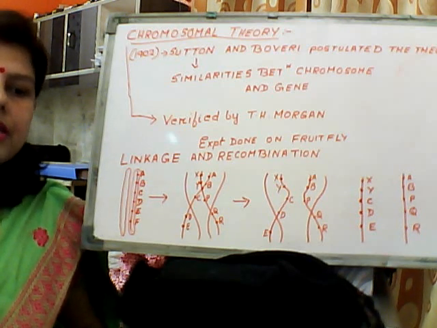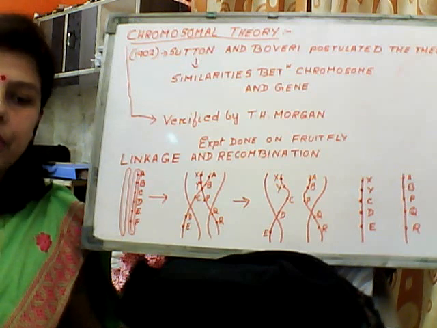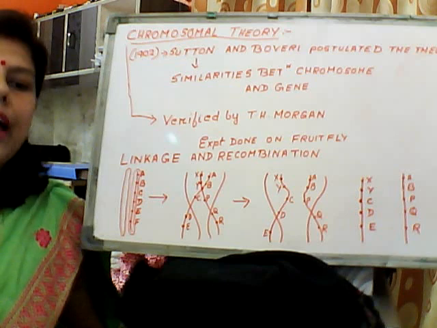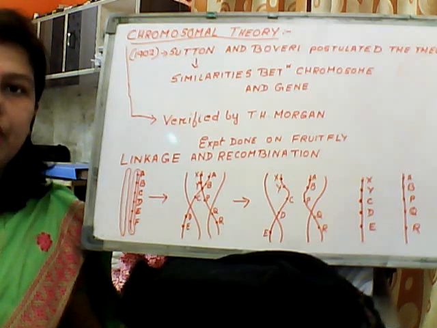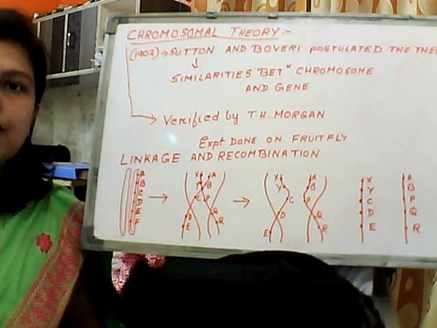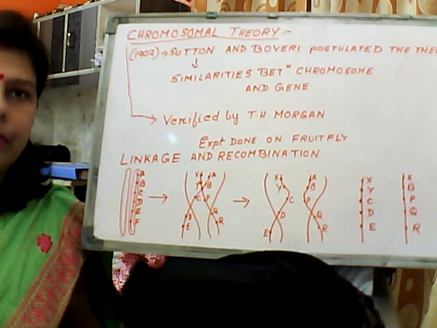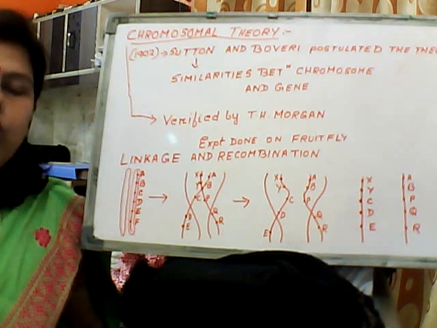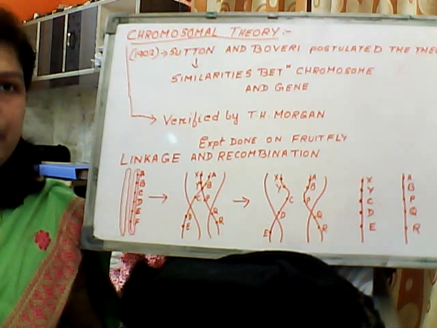The reasons are, one was the communication problem. Second, he didn't name them genes, he named them factors, and it was said that those factors do not intermix. That was not accepted by many people.